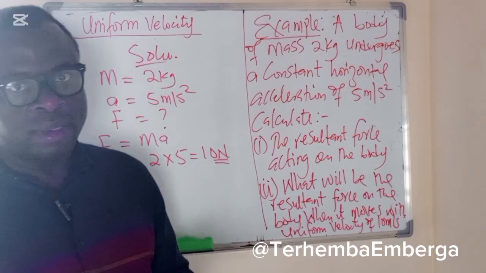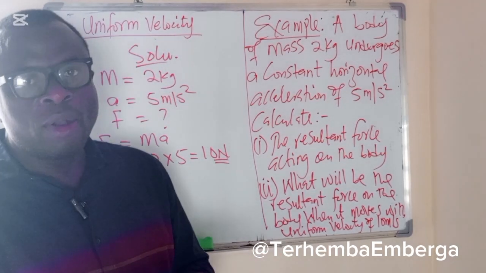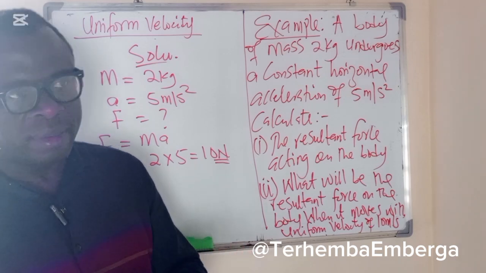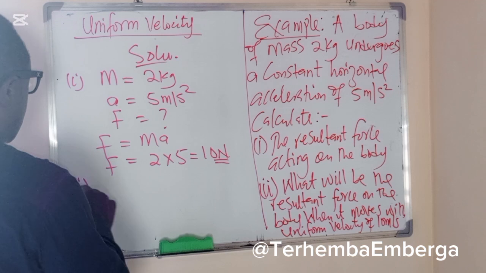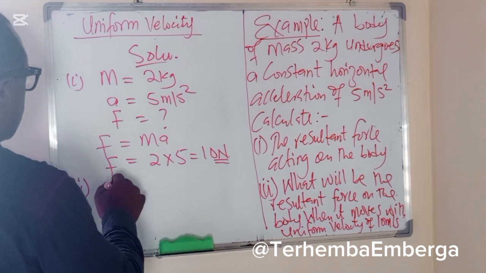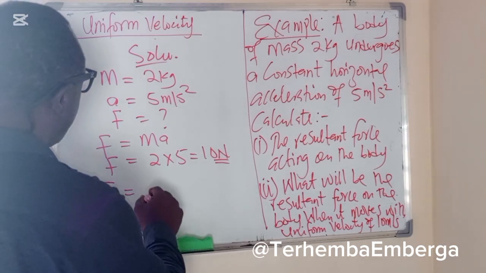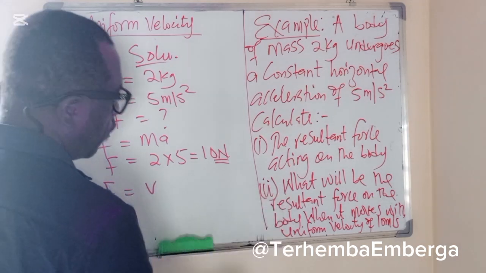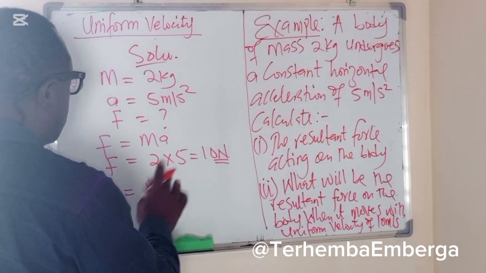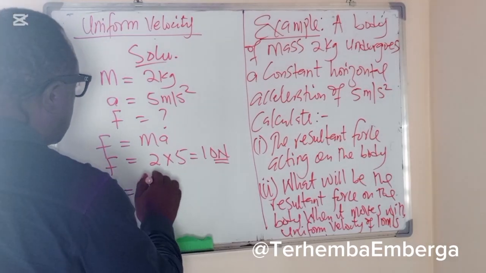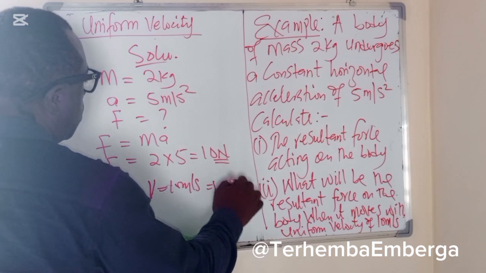Like I said earlier, when the velocity is uniform, or we say the velocity is constant, then the acceleration becomes zero. So for the second one, calculating the resultant force, in this case, we are given the velocity, when we move with a velocity of 10 meters per second, so it implies that acceleration becomes zero.